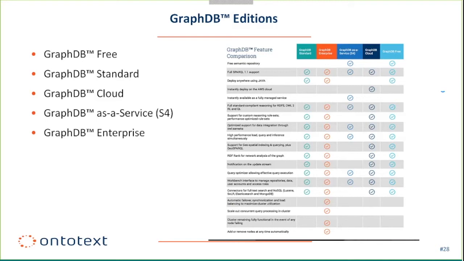And the difference between GraphDB Cloud and S4 is that S4 is fully managed by us, while for the GraphDB Cloud option, you're responsible for all of the administration and ensuring that your database is up and running.